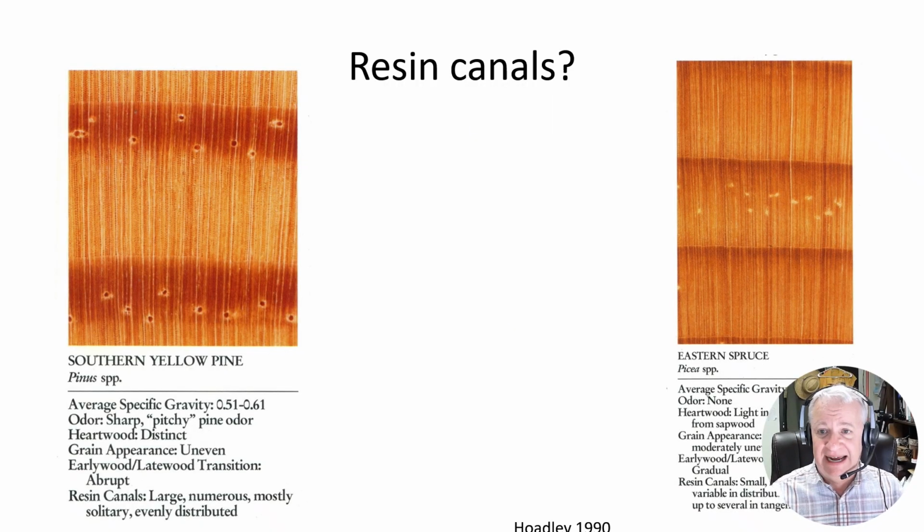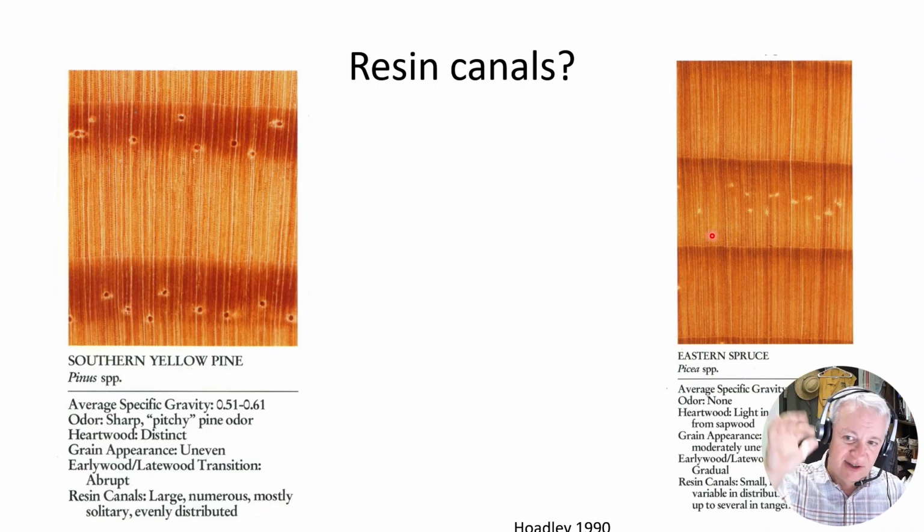Resin canals are sort of rough openings. I think they look sort of like rough openings in the cross section that are larger than tracheids, but they're not distributed across the growth ring like vessels would be.